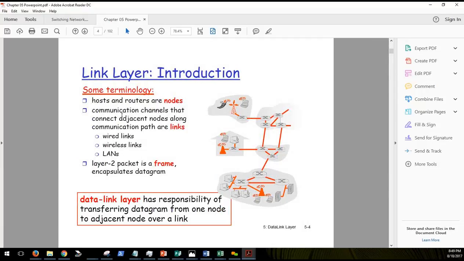Right here, Sam. Right. Hosts and routers are nodes.